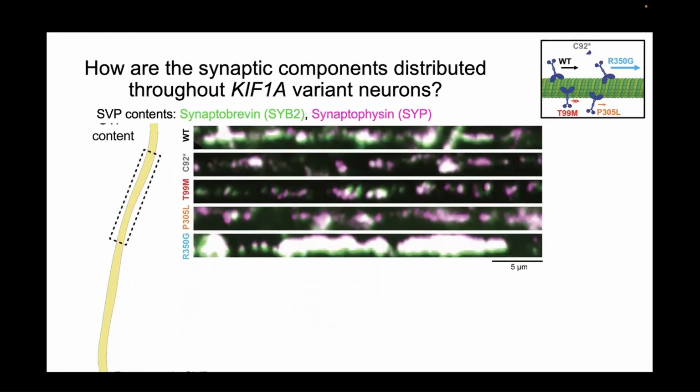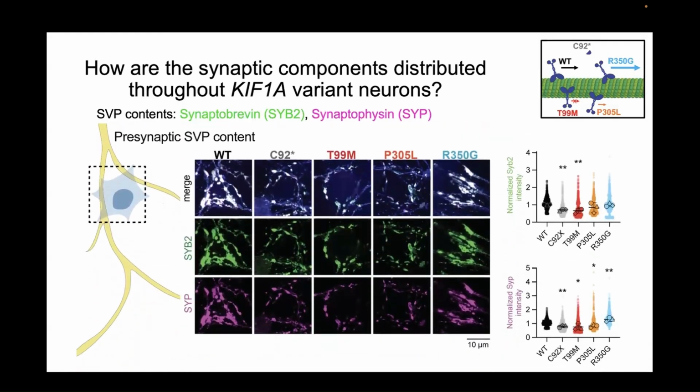And then finally, I like using this assay where I can force a neuron to make a presynaptic compartment, and I can see how much of the presynaptic stuff is getting there in these different conditions. And you can see that, again, the same trend holds through. You're getting less of your presynaptic cargoes at these presynaptic formations in these three loss of function conditions, where you're getting more in the gain of function.